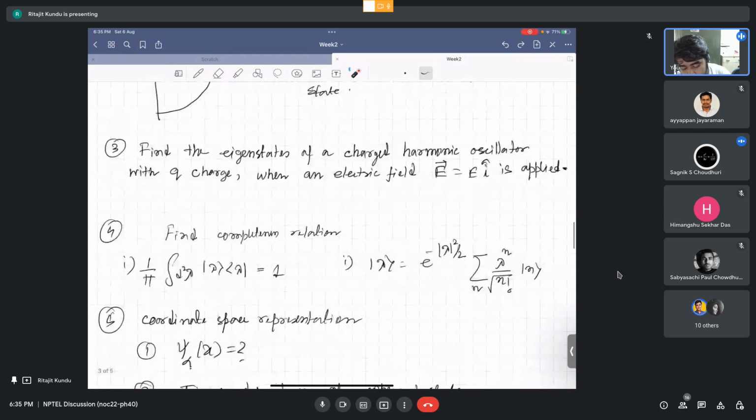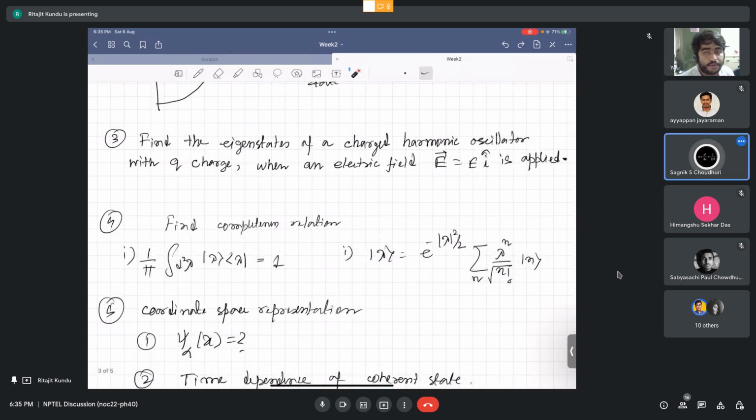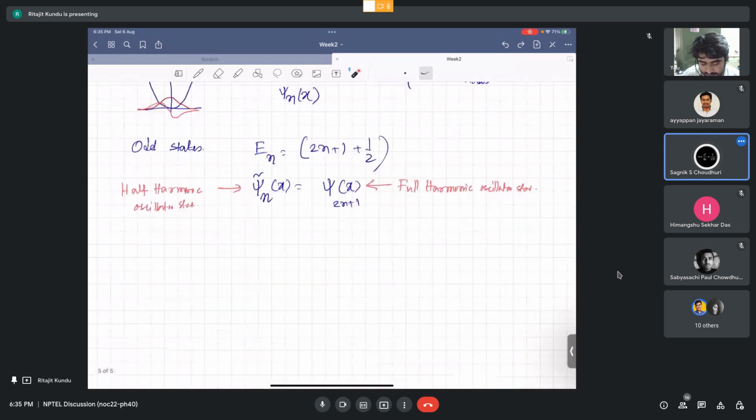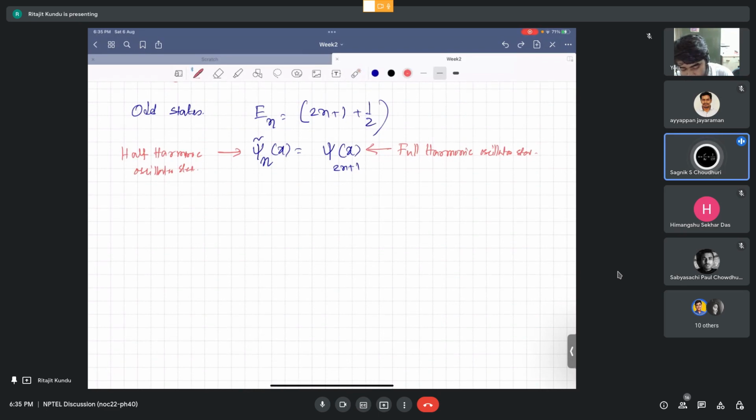Okay, so now let's look at another. Why do you think it will be 0? Let's have a discussion about that. Yeah, that's quite nice that you're thinking like that, but it is not that simple actually.